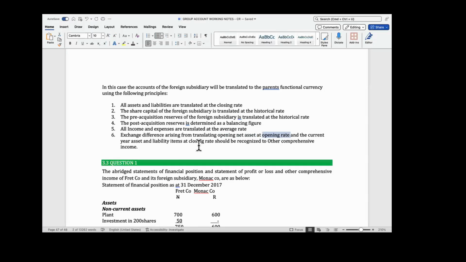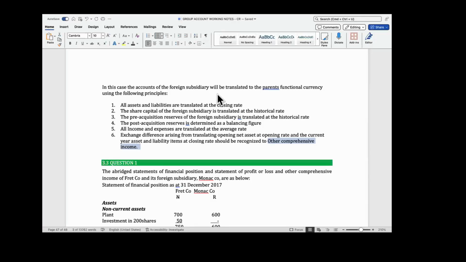And the current year assets and liabilities, you are translating at closing rates. So that exchange difference, we need to always determine it and recognize it to other comprehensive income. And of course, this becomes the income of the subsidiary, right? It is gain or loss of the subsidiary, because it is a translation from its books on its books.